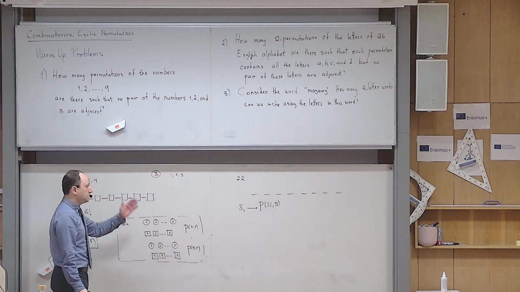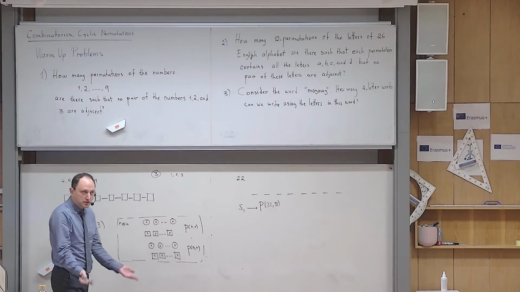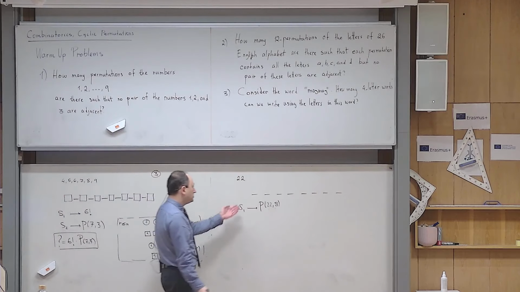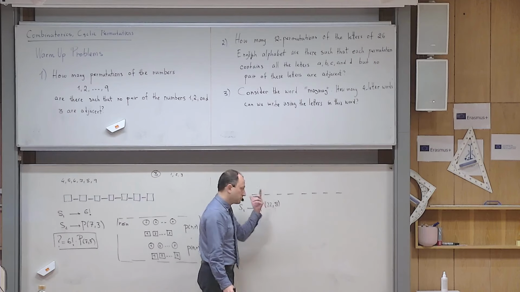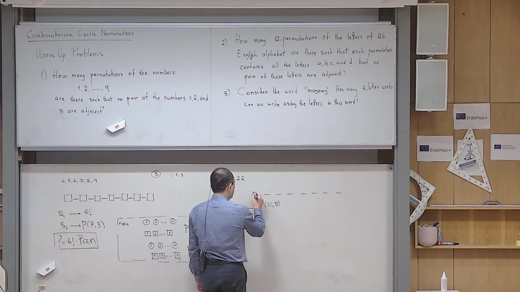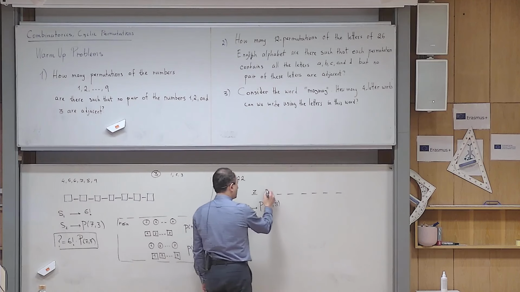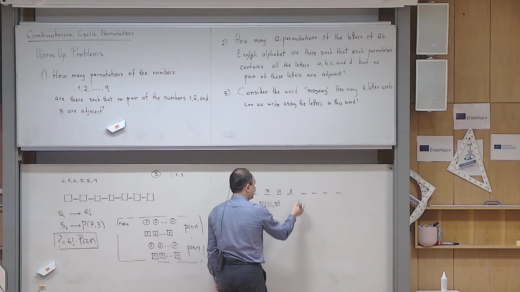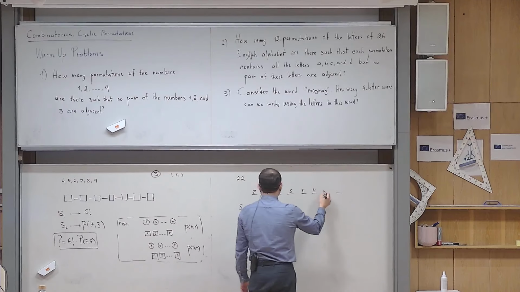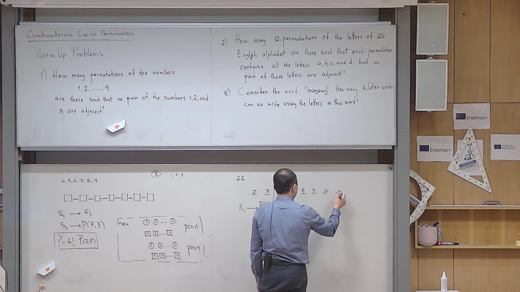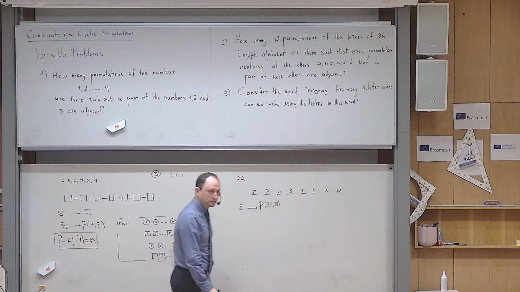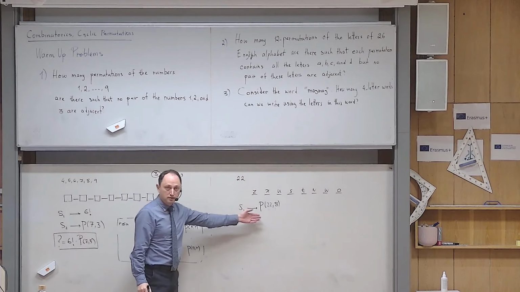Okay, now let us say that stage 1 is done. What does it mean? It means that you did it in one of these ways. For example, you choose Z to be here, X here, U here, S here, T here, B here, W here, and O here, for example. This is one of these ways, okay?